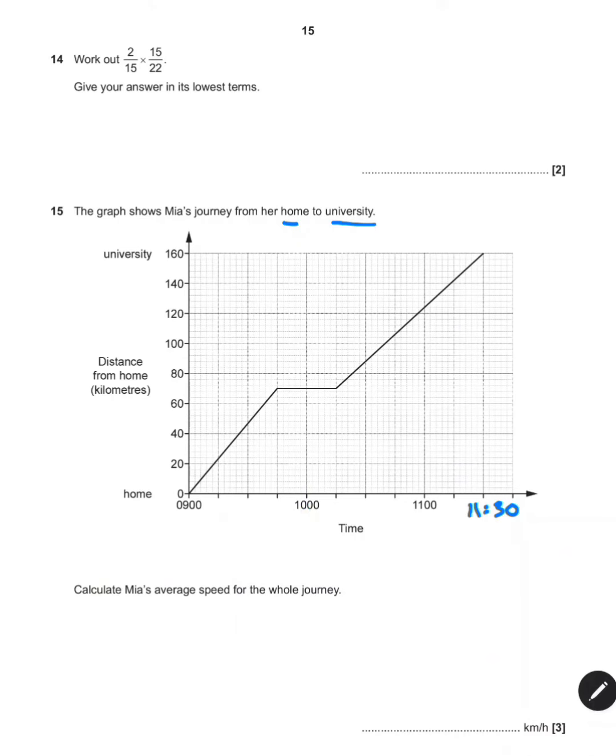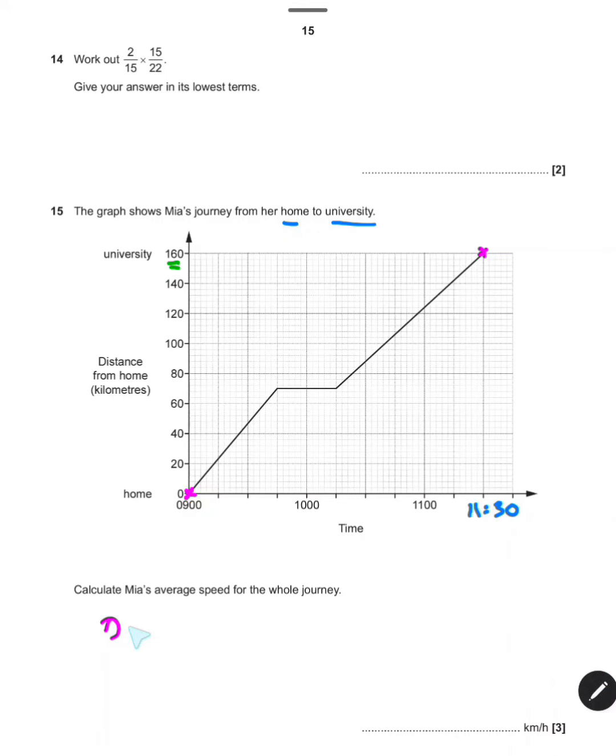Up the side of the distance time graph, we can see we're going all the way up to 160 kilometers. So just having a check of the axes of the graph. From the graph journey, we can see distance started down at 0, and right at the end of the journey, the distance is 160 kilometers.